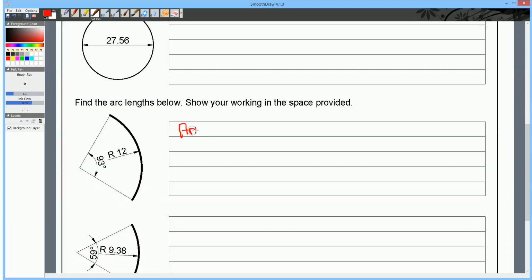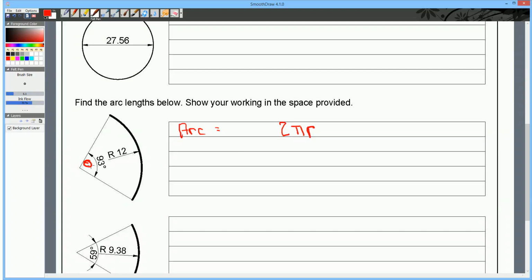So the arc equals, what we do is we work out the circumference of the whole circle, which we know from above is 2 pi r, but we don't need all of that, we just need a fraction of that. So what fraction do we need? Well, so we get a formula that works for all circles, we'll call that angle theta.